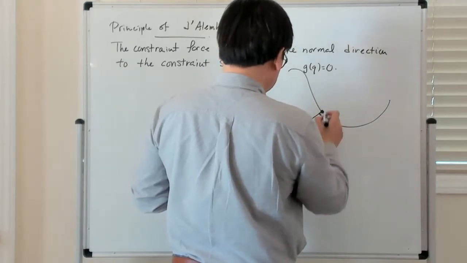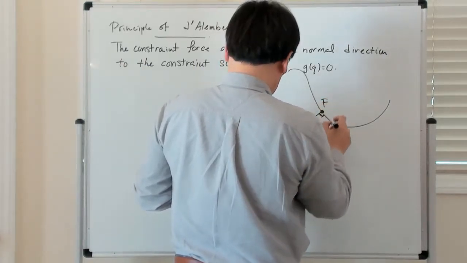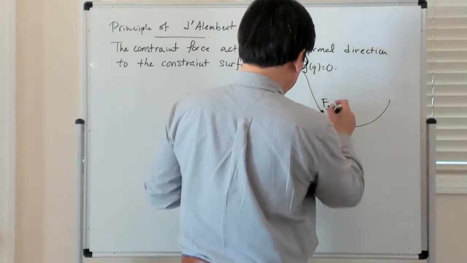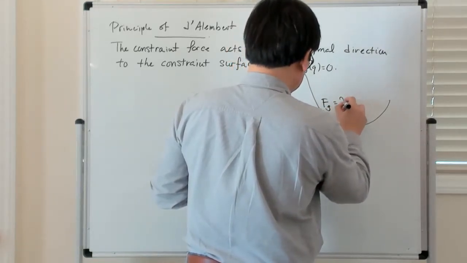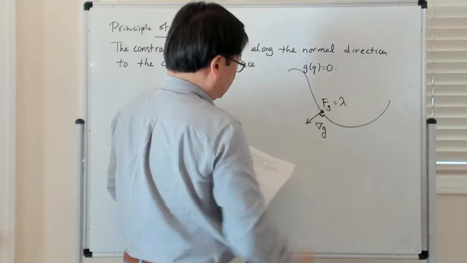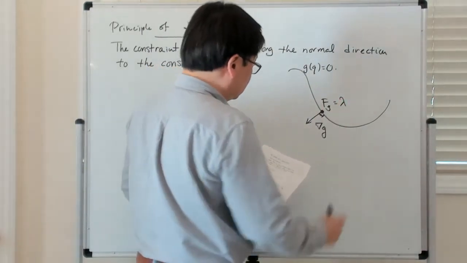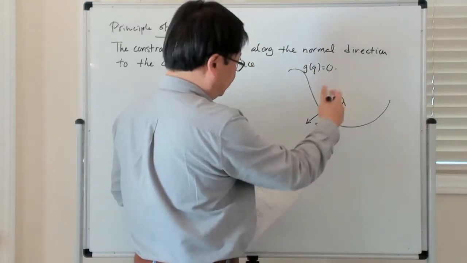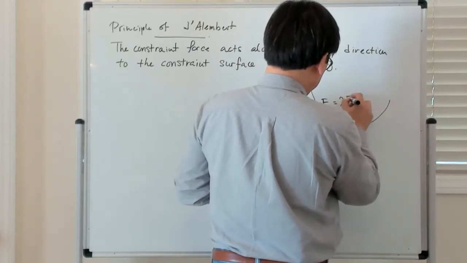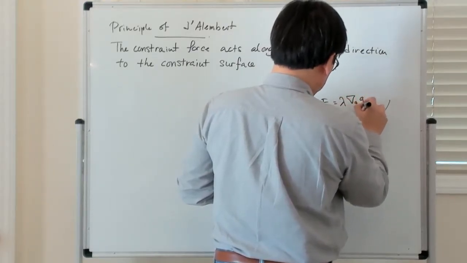force of constraint, let's denote that F sub g, is equal to some appropriate multiplier, if you will, lambda times the gradient of g at q.